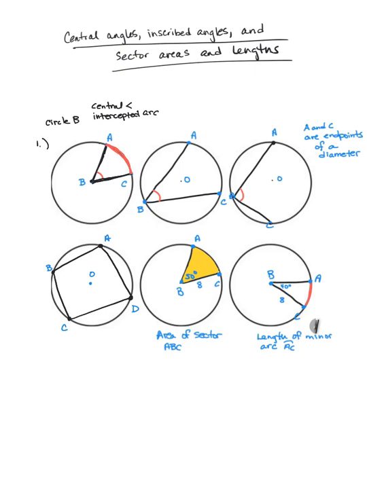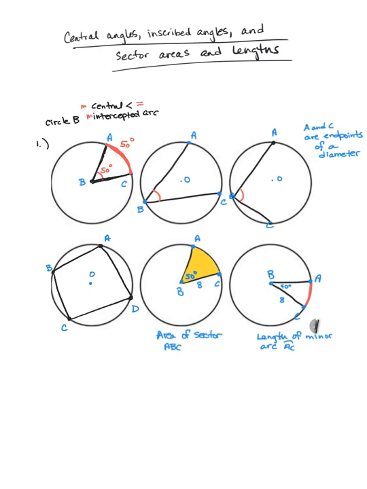This arc measures 50 degrees. Well, the central angle measures the same as its intercepted arc. Vice versa, the intercepted arc measures the same as the central angle. So the measure of the central angle is equal to the measure of the intercepted arc.